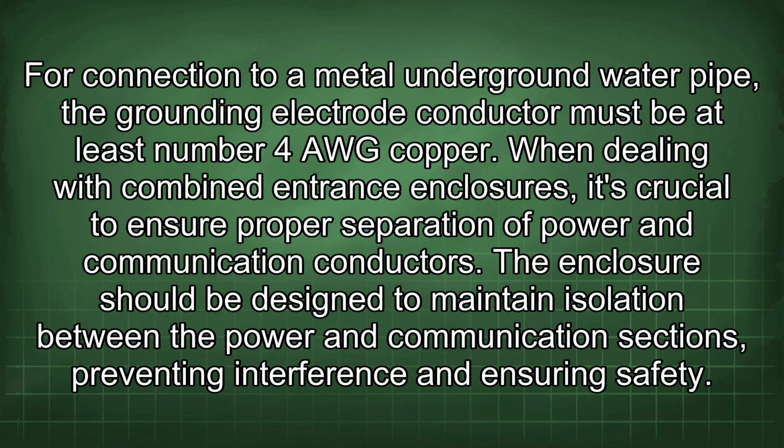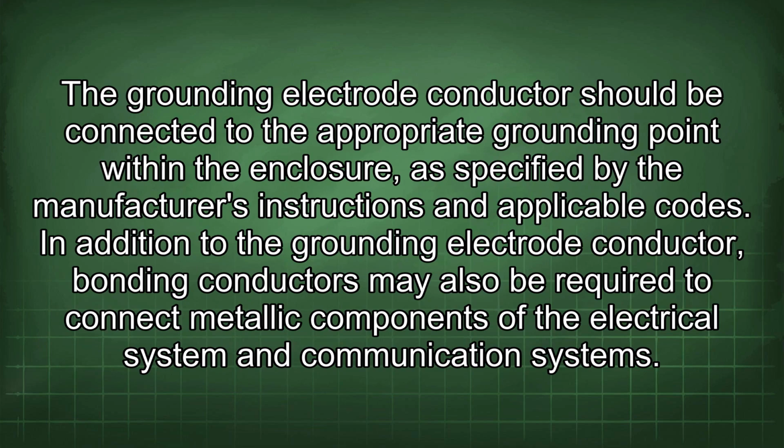When dealing with combined entrance enclosures, it's crucial to ensure proper separation of power and communication conductors. The enclosure should be designed to maintain isolation between the power and communication sections, preventing interference and ensuring safety. The grounding electrode conductor should be connected to the appropriate grounding point within the enclosure, as specified by the manufacturer's instructions and applicable codes.